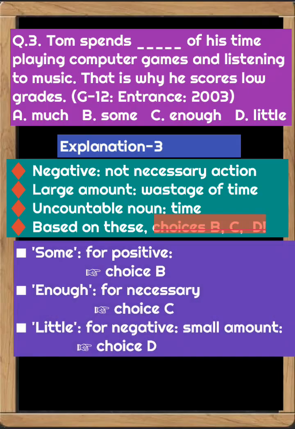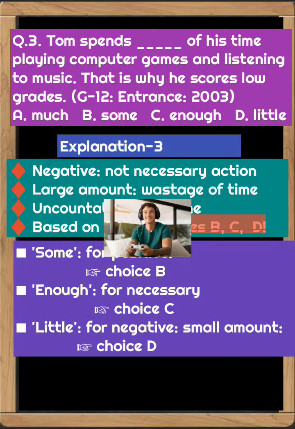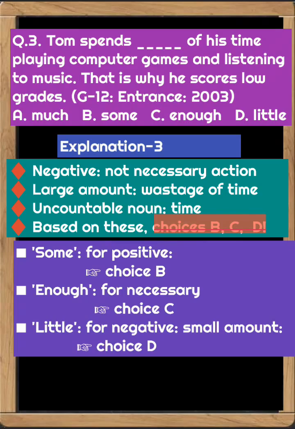They must be eliminated because sentence 2 indicates that Tom spent a large amount of time playing a game, not studying. This is negative. As a result, choices C and D are grammatically wrong because enough and little are not followed by of.